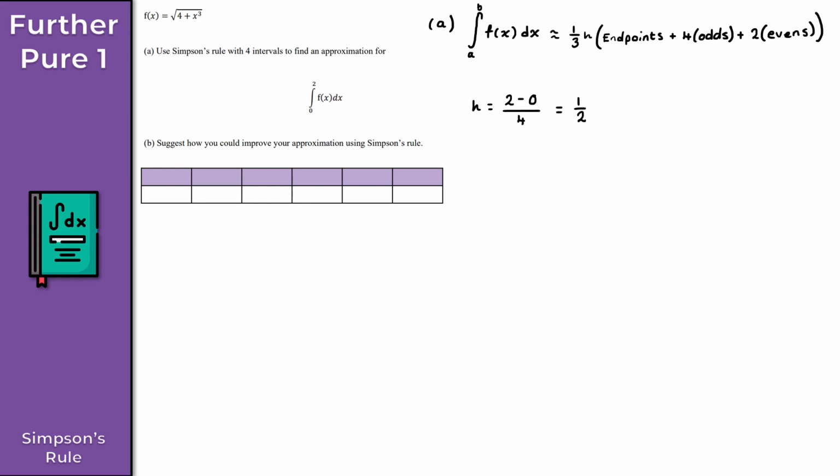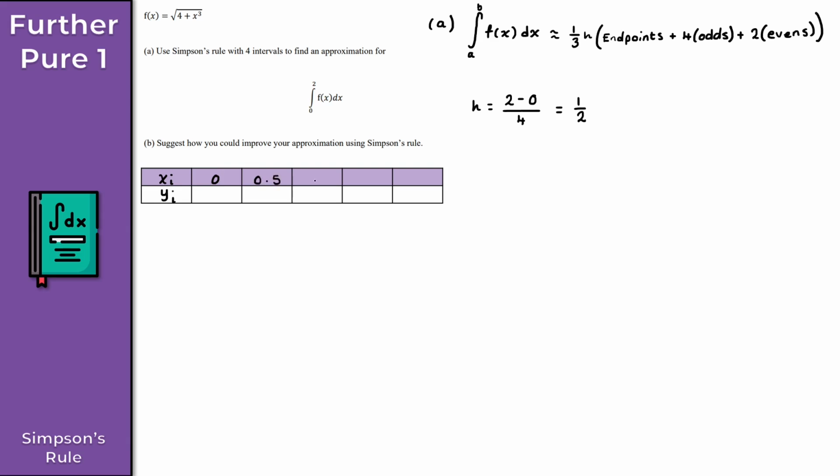So now that we have the value of h, let's set up our table of values. In the first column, we have x subscript i and y subscript i. For the values of x, this corresponds to the widths. So we start with 0, and then we just add a half as we go. So 0 plus a half gives me 0.5.